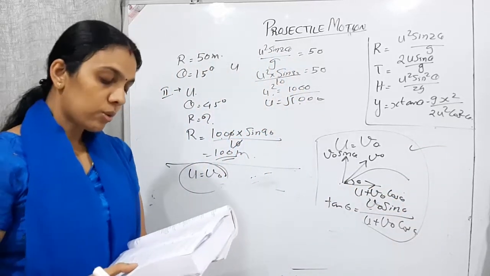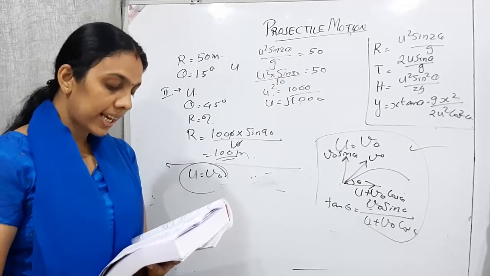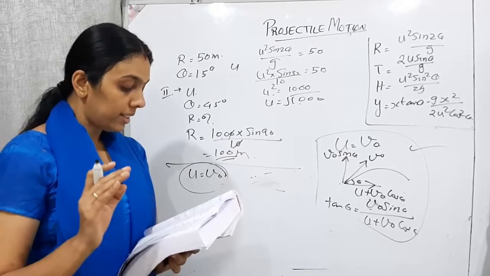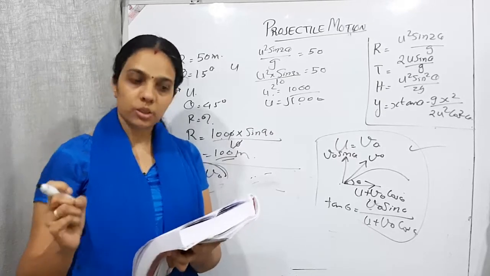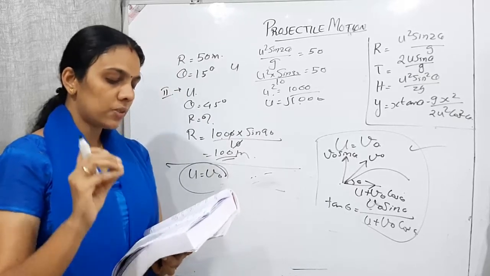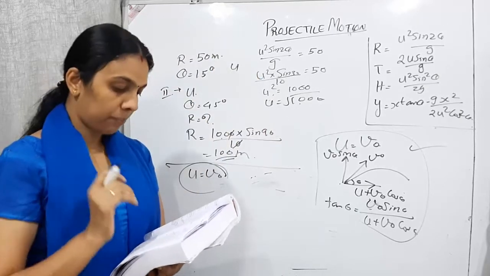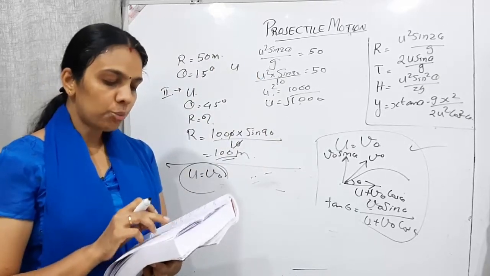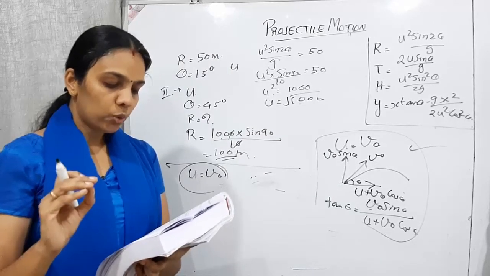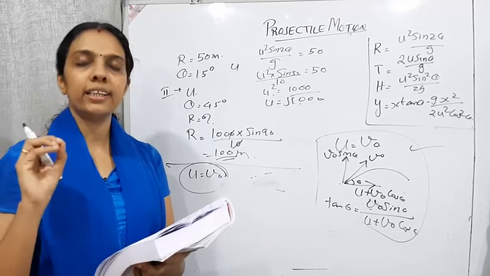Okay. Next question is, two stones are projected so as to reach the same distance from the point of projection on a horizontal surface. So we are throwing two stones so as to reach the same distance from the point of projection. That means the range should be same. Maximum height reached by one exceeds the other by an amount equal to half of the sum of the heights attained by them.